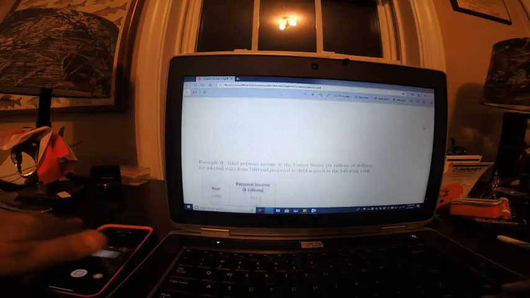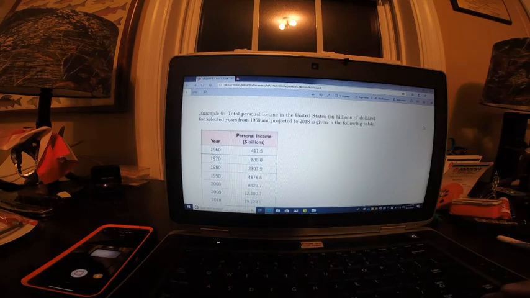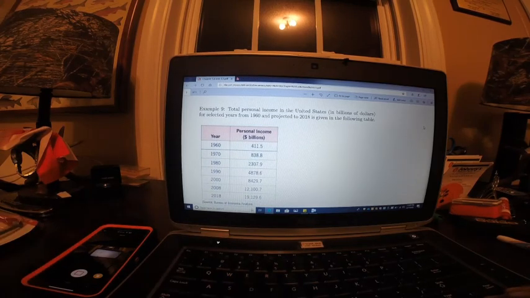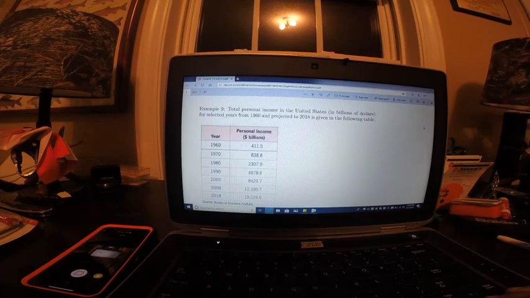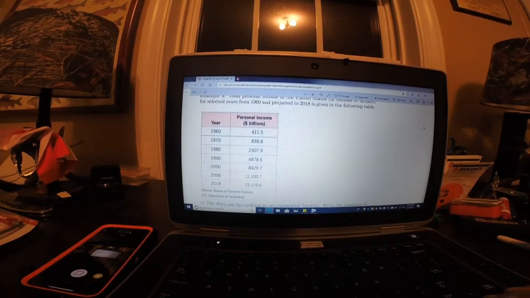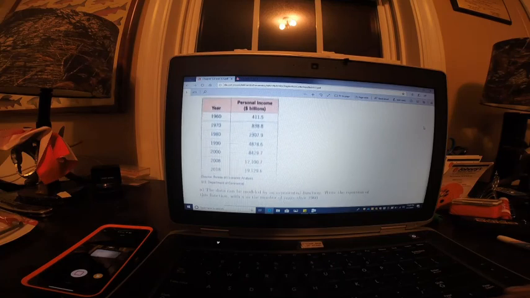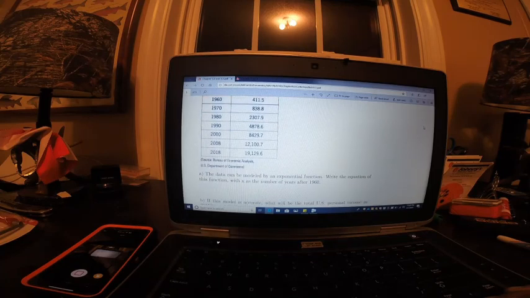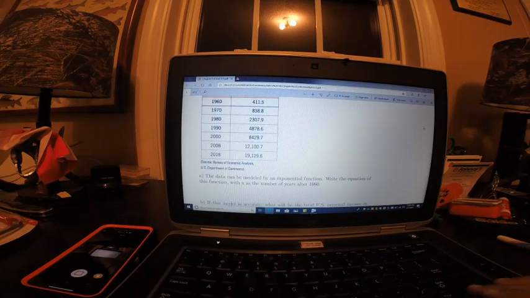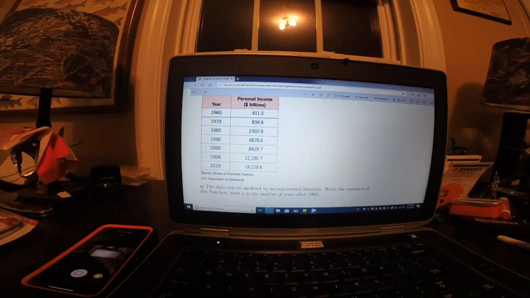On to example 9. Example 9 says total personal income in the United States in billions of dollars for selected years from 1960 and projected to 2018 is given by the following table. So we have the table here. The data can be modeled by an exponential function. Write the equation of this function, with x is the number of years after 1960. Okay, number of years after 1960.